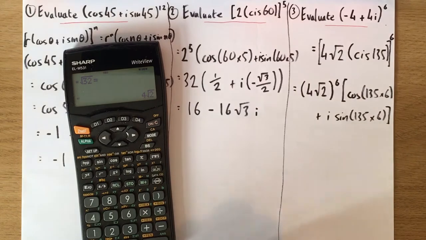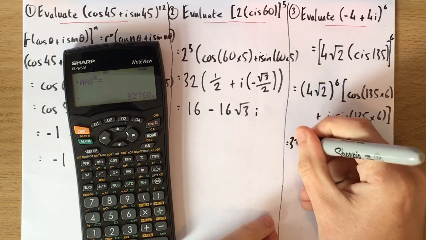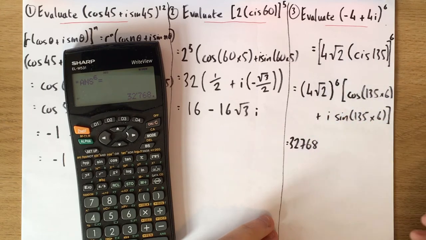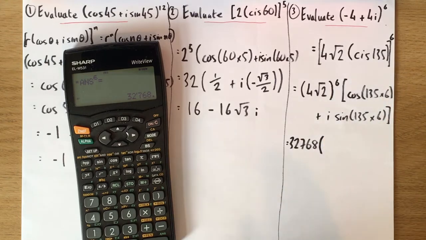So 4 root 2 to the power of 6 is 32,768 on the cos of 135 times 6.